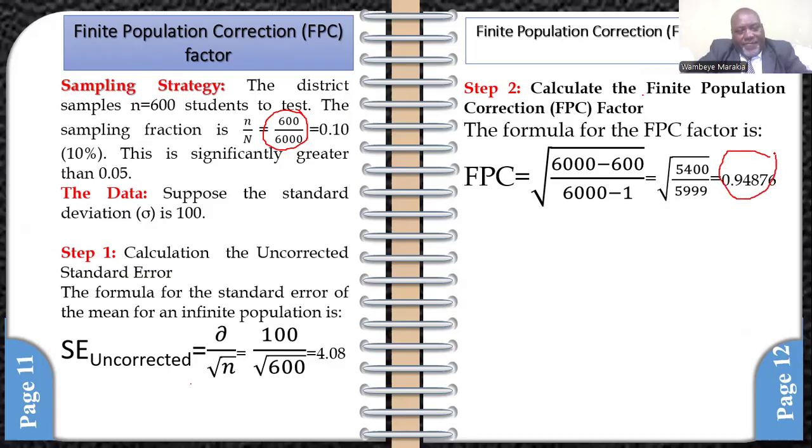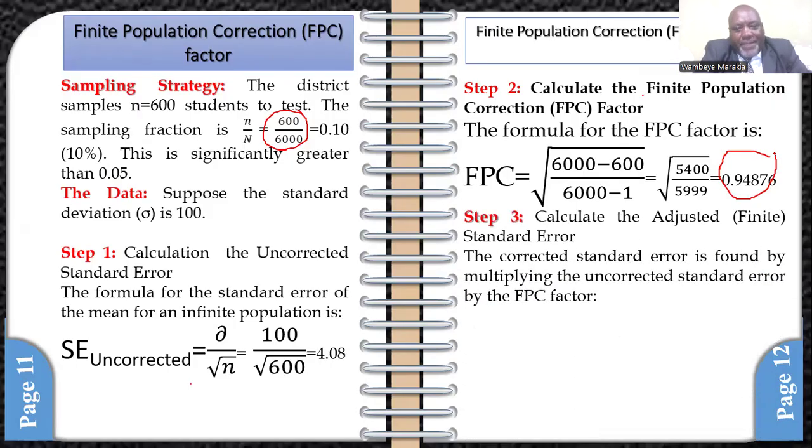0.94876. Then you move to step 3 to calculate the adjusted standard error, or the corrected standard error from the finite population. The corrected standard error is found by multiplying the uncorrected standard error by the finite population correction factor. In this case, the standard error for finite equals standard error uncorrected times FPC.